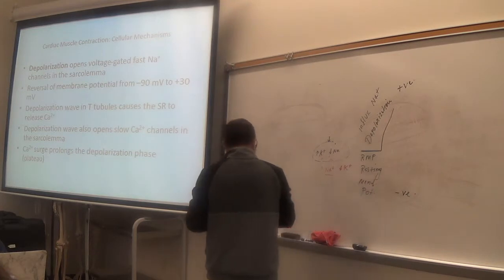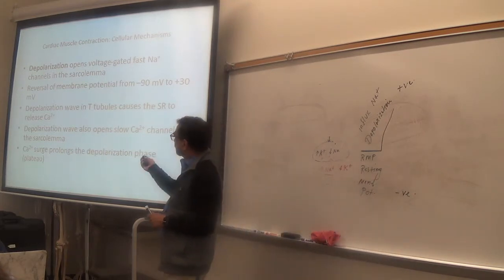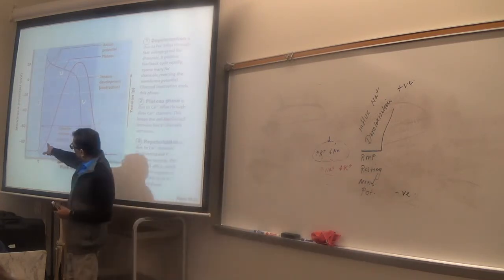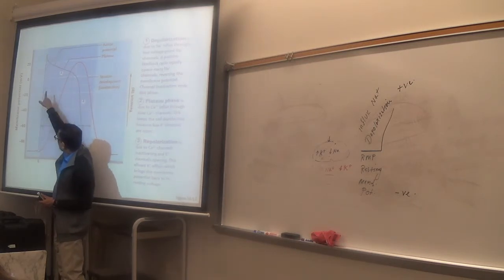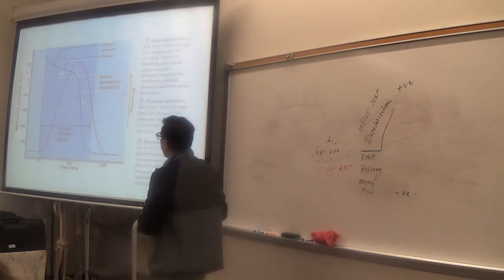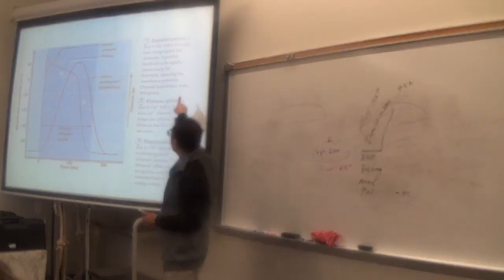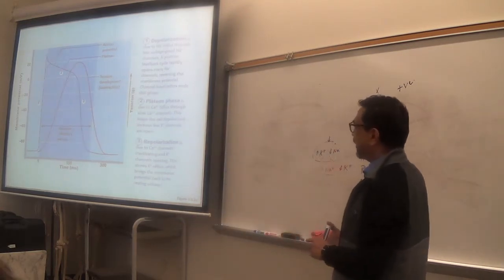Sodium channels will get closed. You see here, this is the influx of sodium. So it will go up. Number one is sodium influx through the voltage gated sodium channel.